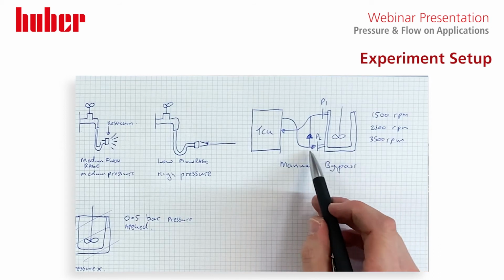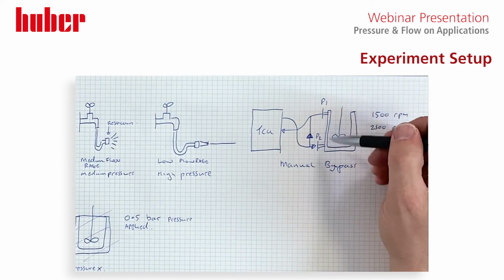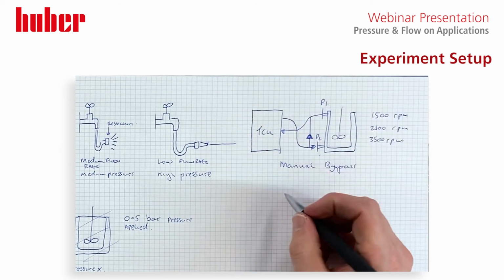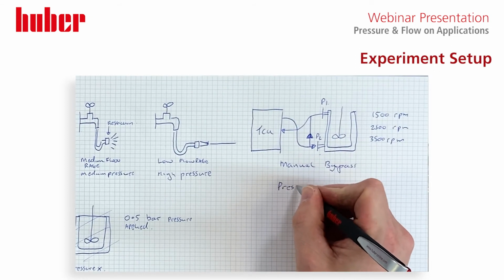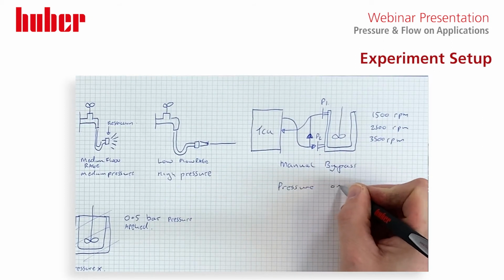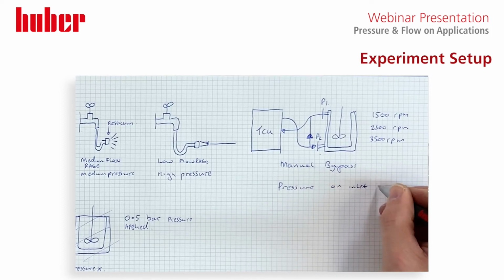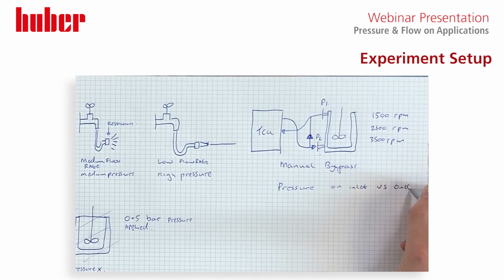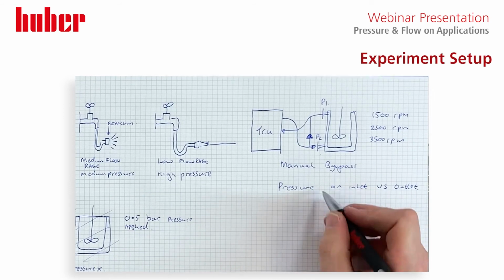What effect will we have on the pressure seen on the inlet versus the outlet?